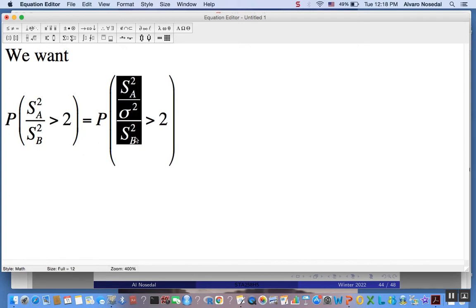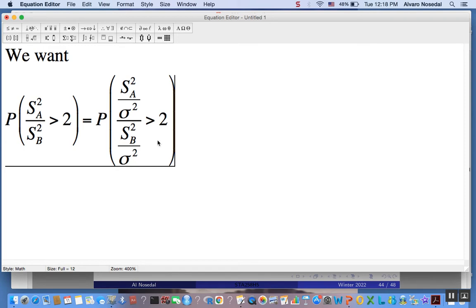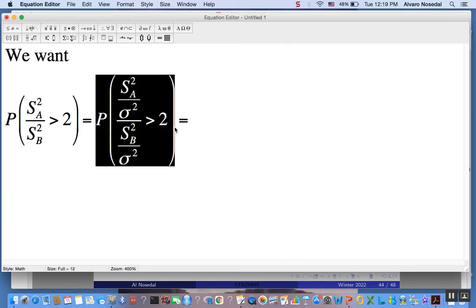And if we divide the numerator and the denominator by the same quantity, we're just multiplying by a 1 deep down. So those two events are equivalent. Make sense?